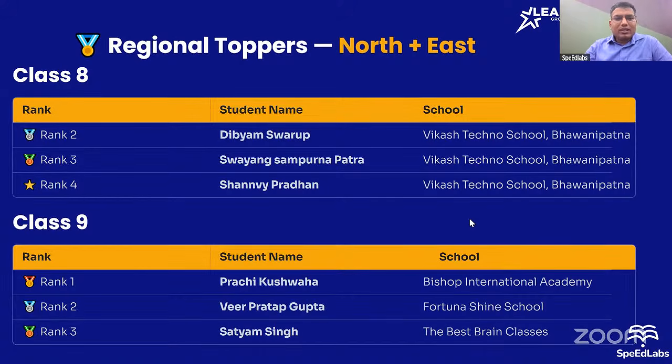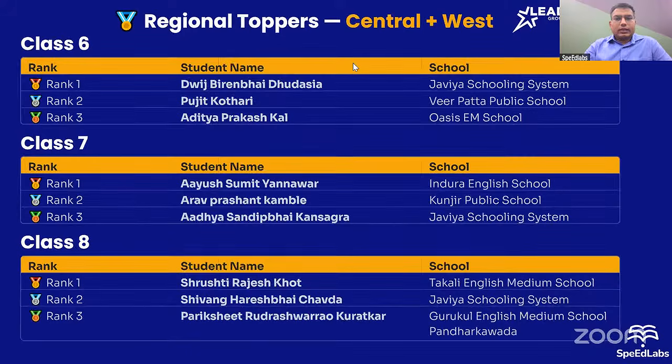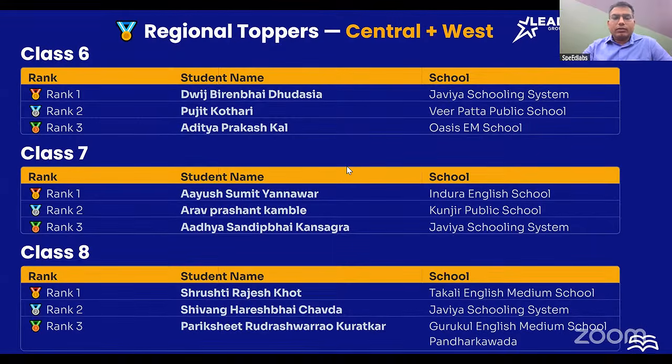If we go to the 10th grade for North plus East, Bani, Ansh, and Saksham are from different schools: Sai Millennium, Jesus Mary, and Best Brain School. In class 11th, Jasmine is there for North plus East. And now if we go to our Central plus West region, we have Dwij from Javia School, Pujit Kotari from Veer Patta School, Advitya Prakash from Oasis School.